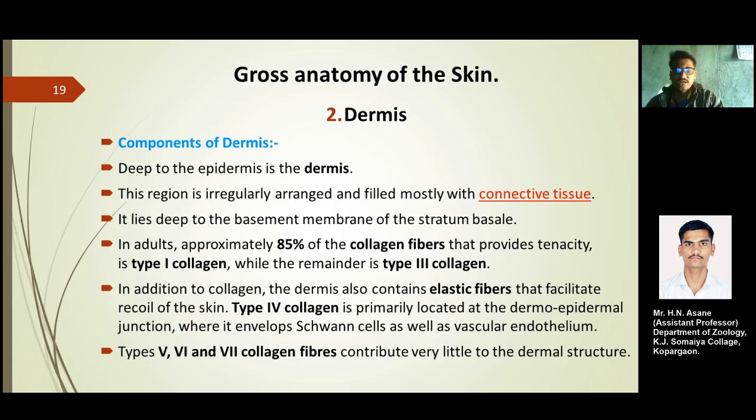Remember the connective tissues, we have seen the Schwann cells, and these Schwann cells and the type 4 collagen fibers with the elastic fibers are present at the dermoepidermal junction. Type 5, 6 and 7 collagen fibers contribute very little to the dermal structure as compared to type 1, type 3 and type 4 collagen fibers.